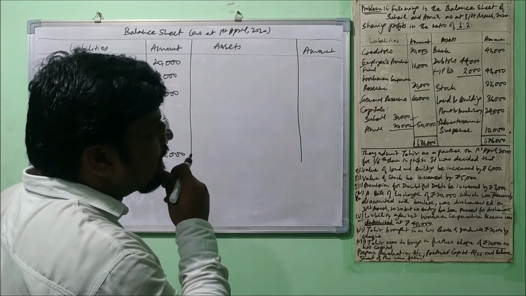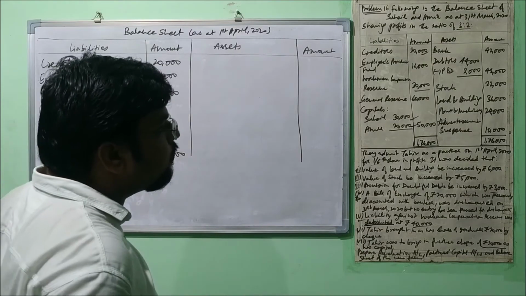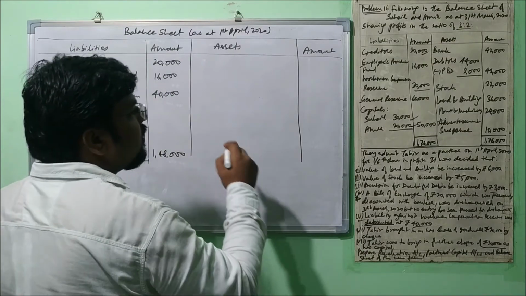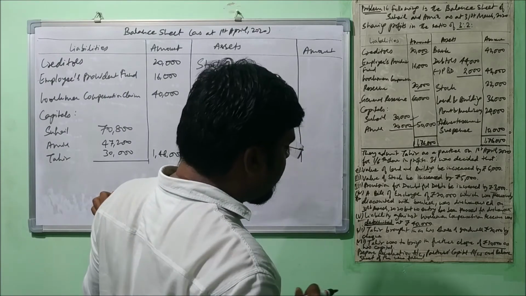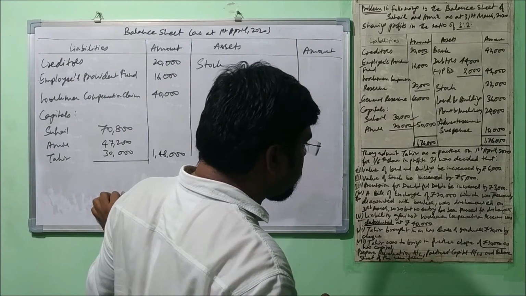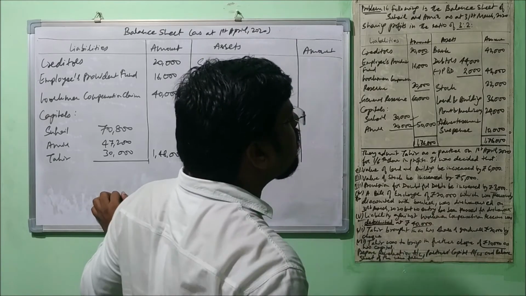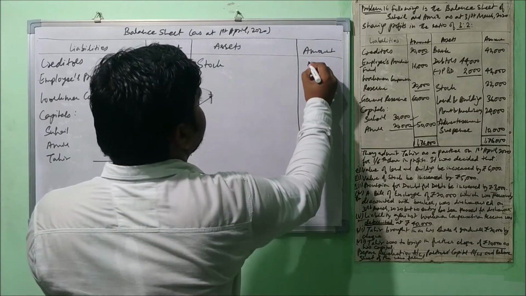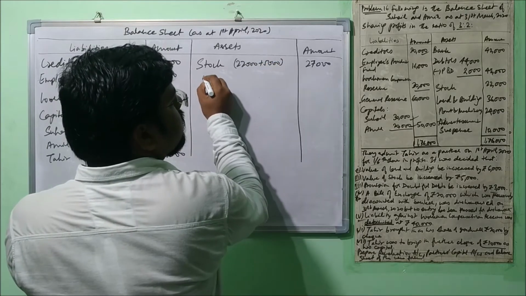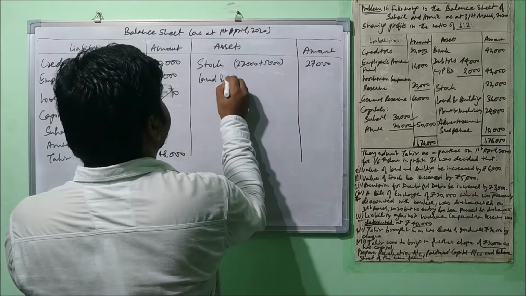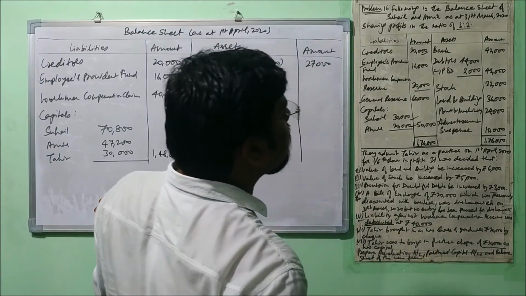Alright, now let's move on. Bank and debtors. Now it's time to discuss that, but before that I'll just put the other values. Stock 22,000 is given, and how much do we have? We have increased it, so stock has become 27,000 here. You can mention here 22,000 plus 5,000. Similarly, land and building is increased by 6,000.